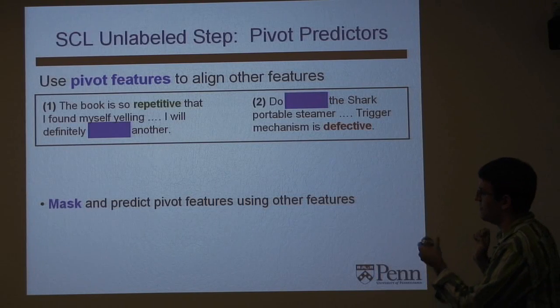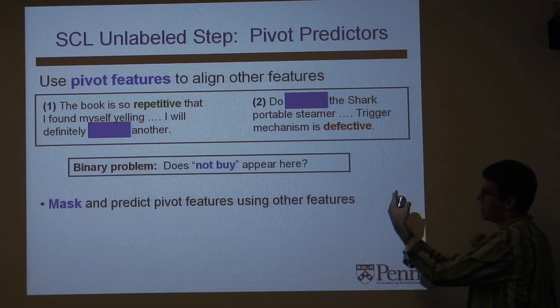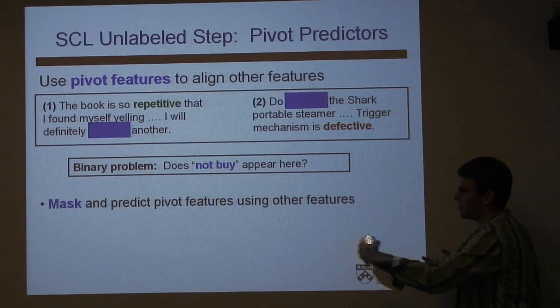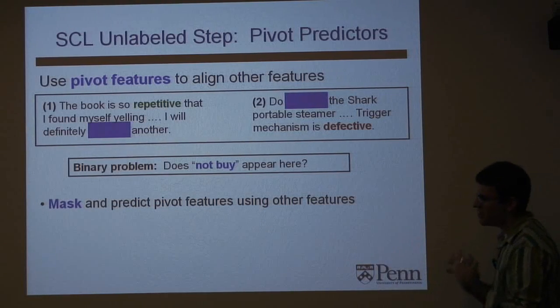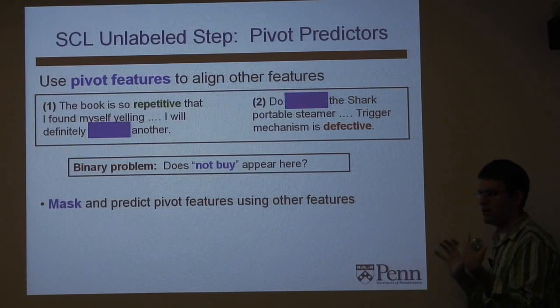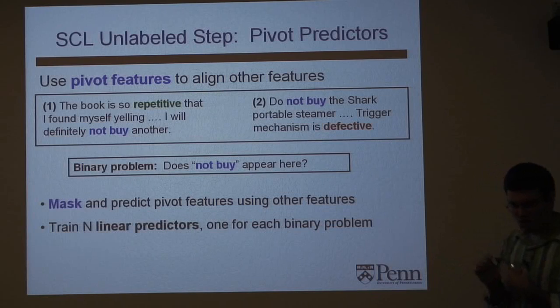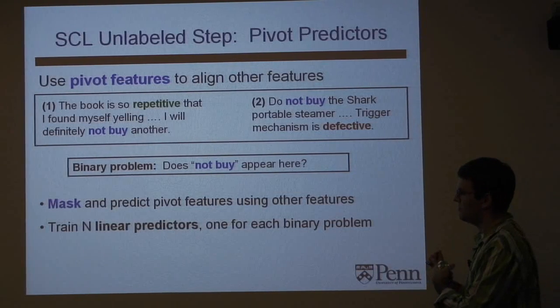So we're going to construct a single binary problem and instantiate that across all the data and say, does the phrase not by occur here? Yes or no? Okay? And we're going to train n linear predictors here, one for each binary problem.